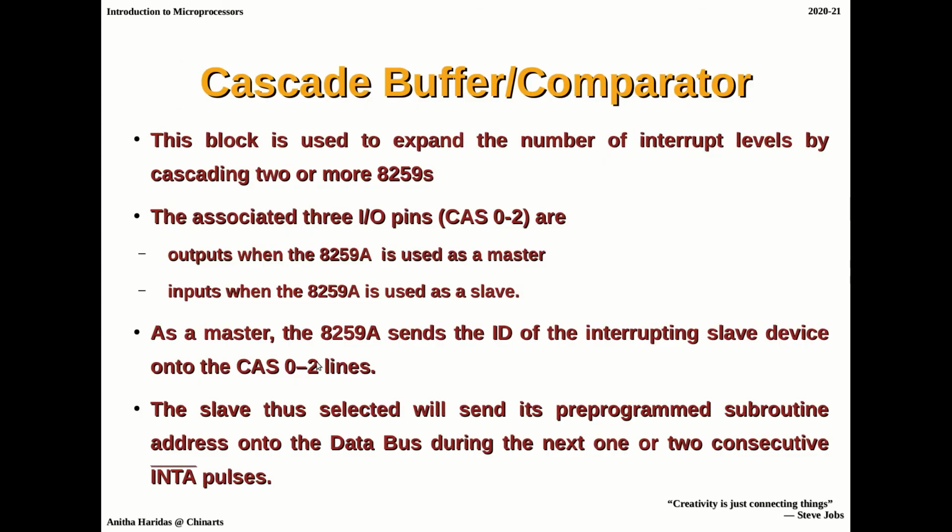That is why it says that in the master mode, if the 8259 is a master controller, it will be sending the identifier of the interrupting slave device onto these lines. The slave which is selected will be sending the subroutine address, which means the interrupt service routine address, onto the data bus when it receives the interrupt acknowledgement pulses.